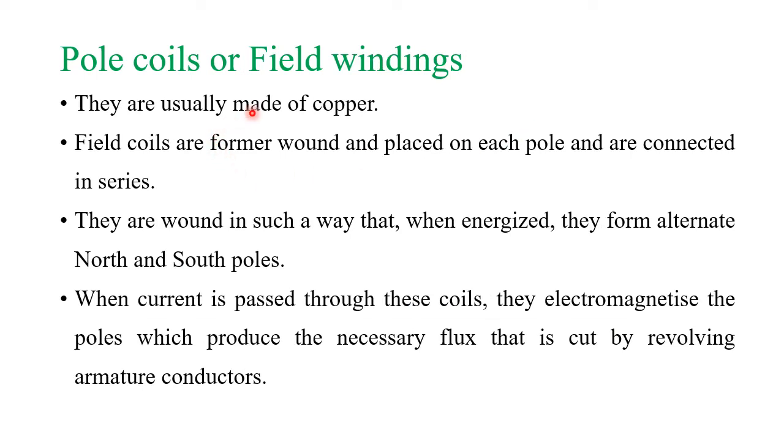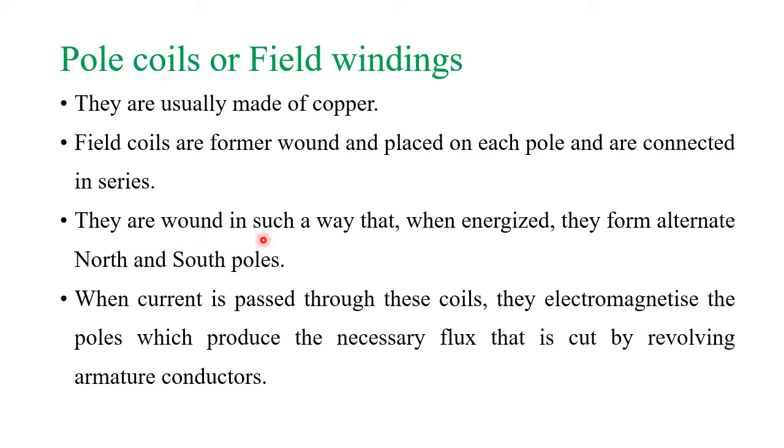Pole coils or field windings are usually made of copper because they act as an electromagnet. For electrical conductivity, copper is used since it is a better conductor. These field coils are former wound and placed in each pole and are connected in series. So everything is connected in series, and it is placed in each and every pole, so that it can act as north pole as well as south pole.